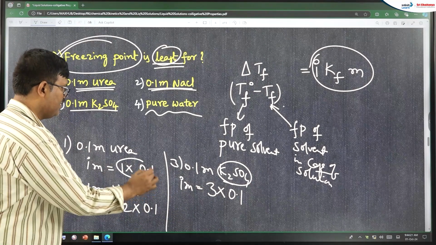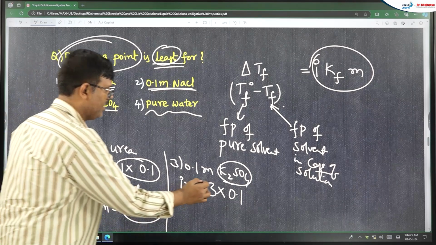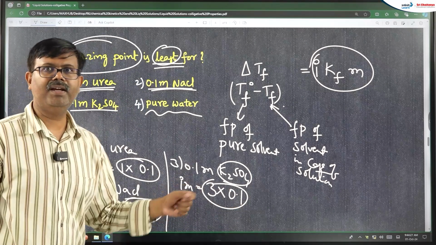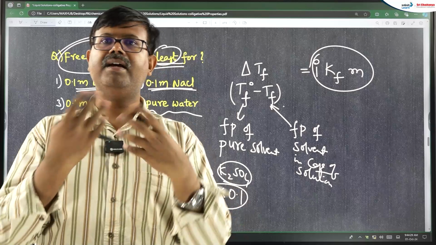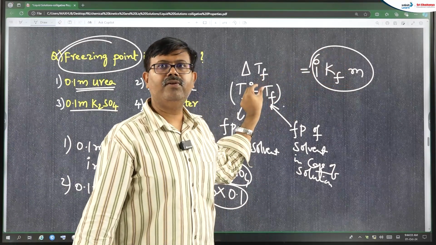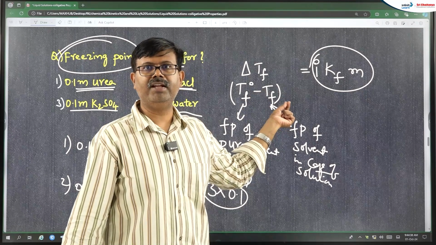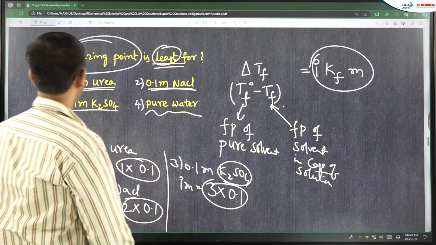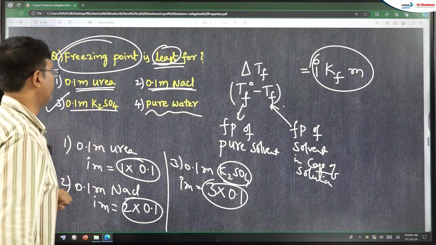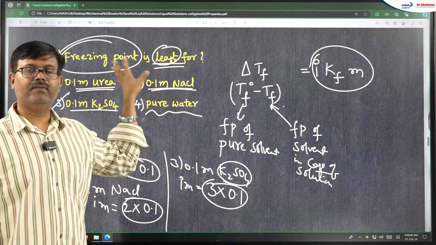Now, if you see i into m, which is the biggest value? Here 0.1 is the i into m value, here 0.2, whereas here 0.3. 0.3 is biggest. So higher the im value, higher the right side quantity, therefore lowest the freezing point value, TF value. Therefore answer will be third one. So this is how you have to calculate the freezing point.